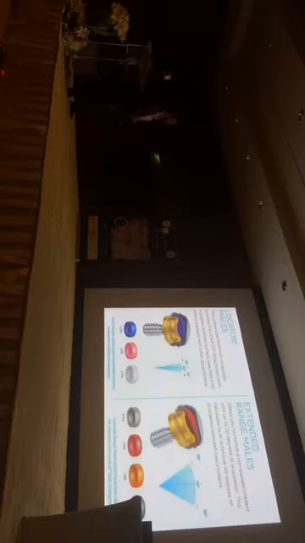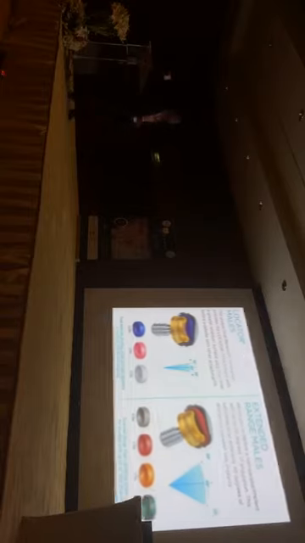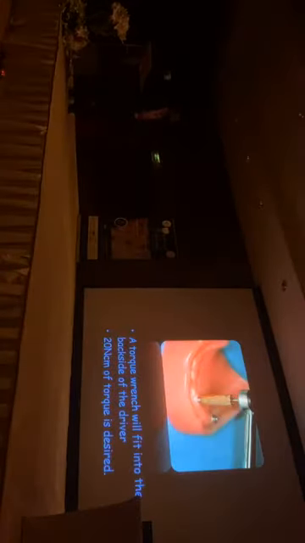That's the extended range, versus the dual retention, the regular one, which only gives 20 degrees of angulation. Okay, so we have to put it on first like this with a torque wrench.